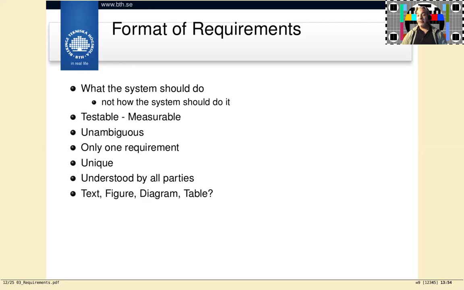You can have a diagram, a table, a graph, and all of these are ways of specifying the same requirement. Which specification method you should use depends on the requirement, the customers, your development process, and so on. So you can specify a requirement in many different ways, is the bottom line.